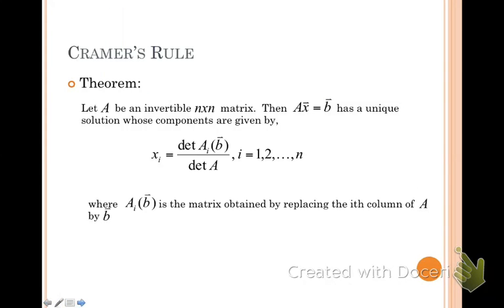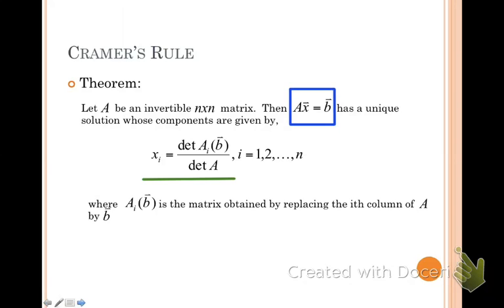Cramer's rule is a technique that can be used to solve the matrix equation AX equal to B, and all you have to do is to find any value xi, given here. You take the determinant of AiB and divide it by the determinant of A. So all we need to know is, what is AiB?